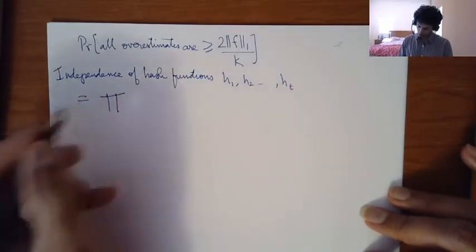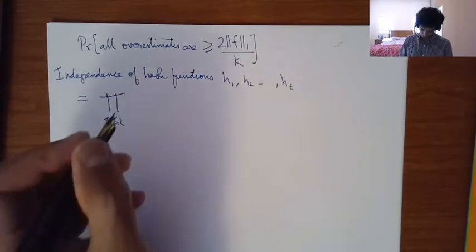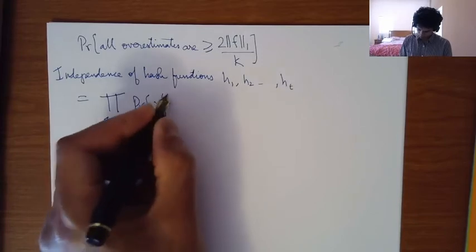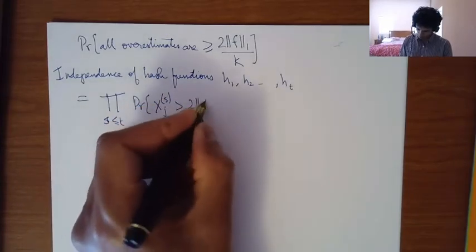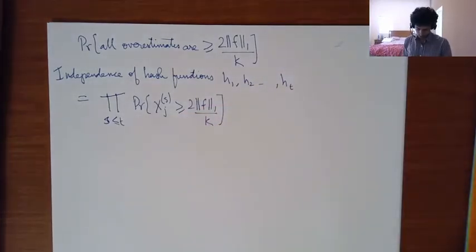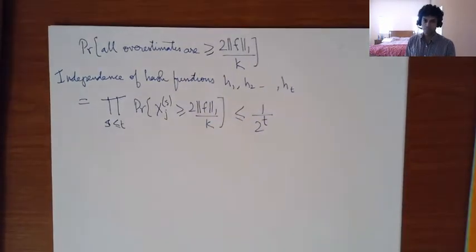We can write this as the product over s at most t of the probability that x_j of s is more than 2 times the L1 norm of f divided by k, the sum of counts, and this is at most 1 divided by 2 to the t.